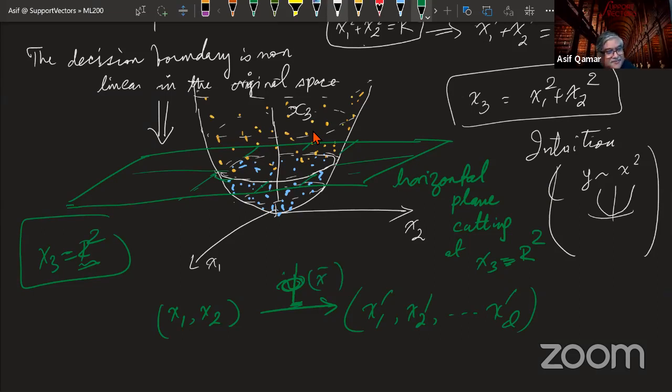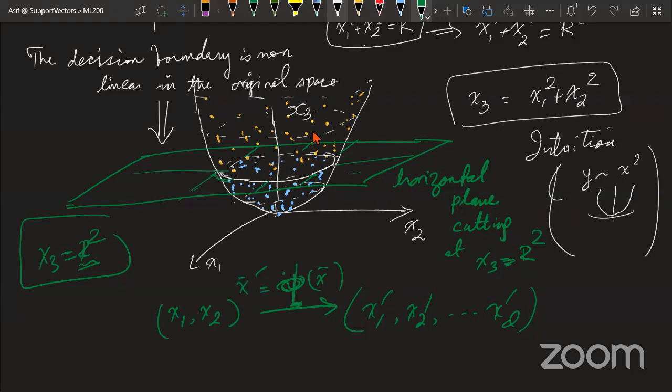Yes, go ahead, please. Asif, it was a little difficult to grasp the three-dimensional thing. Intuitively, for me it was a paper, like a rubber platform, and I folded it into a nice parabola. So x1 square plus y1 square equal to r square was the initial two-dimensional circle.